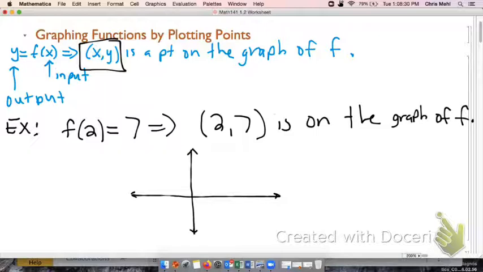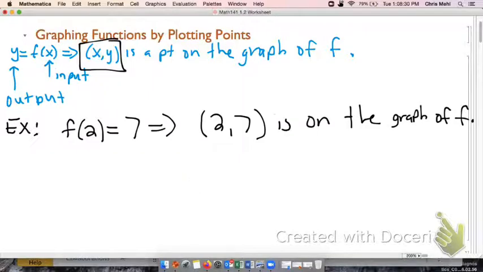So here's a set of coordinate axes. Some people call this the Cartesian axis, or Cartesian axes. And then if I'm going to plot the point 2, 7, I'm going to need to actually go up 7 units.